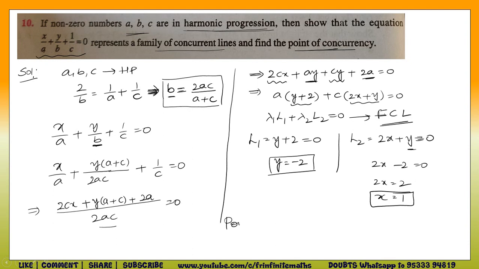From this directly I can say the point of concurrence is 1 comma minus 2. Here the order is important. First we need to write x, followed by y. Hence the point of concurrence of this particular family of lines is 1 comma minus 2, right?